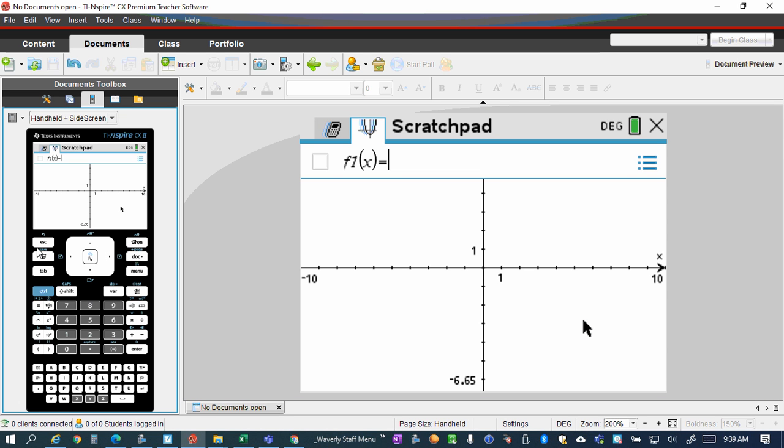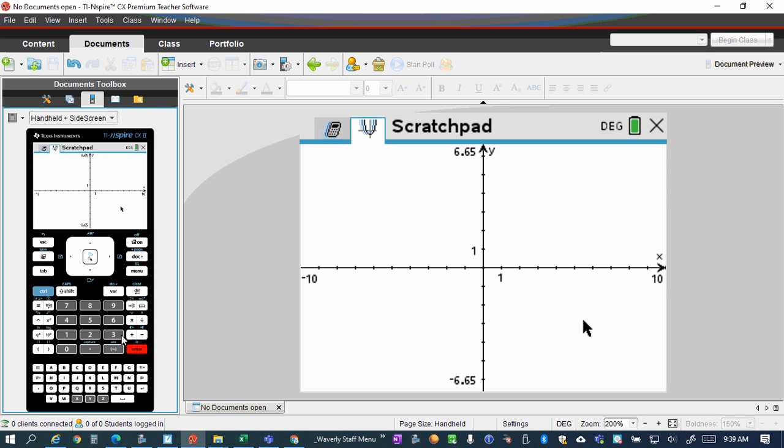All right, so I'm going to use my parentheses. 1.18x plus 12,000, outside my parentheses, divided by x. All right? Probably not going to show up because we have to change our window.